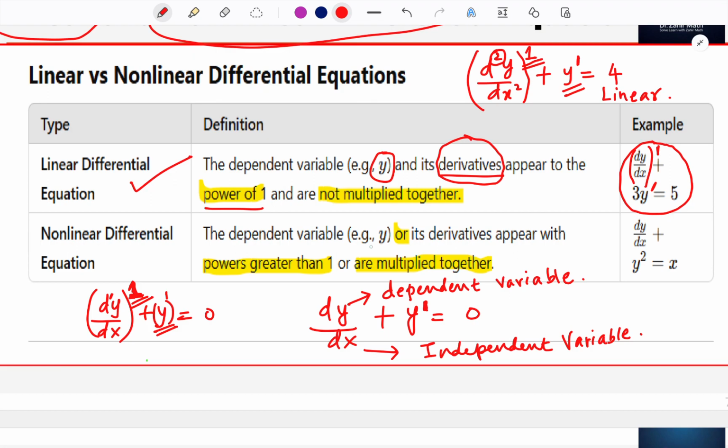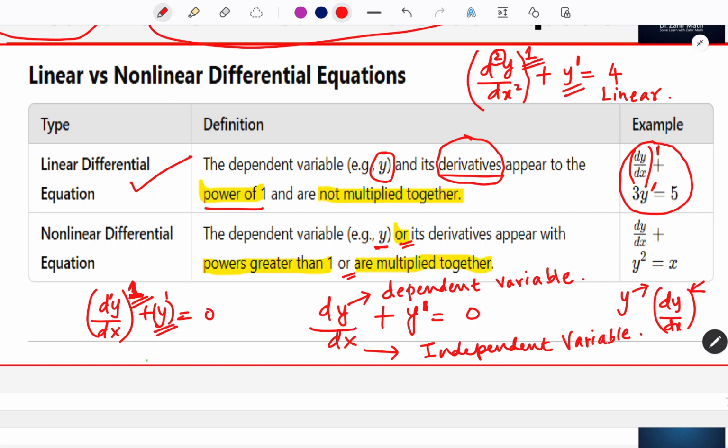The same idea, dependent variable y. Look here, there is a word 'or' in two places, so it means either this or that. So the dependent variable y and its derivatives appear with powers greater than 1. It means y power more than 1, and dy by dx, these powers also more than 1. Only dy by dx, teacher?